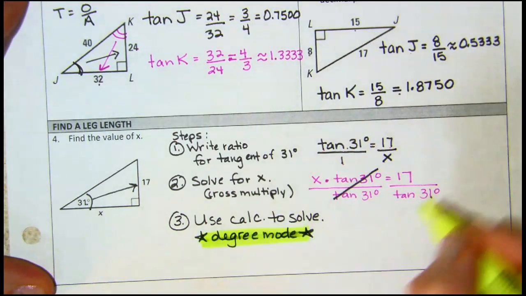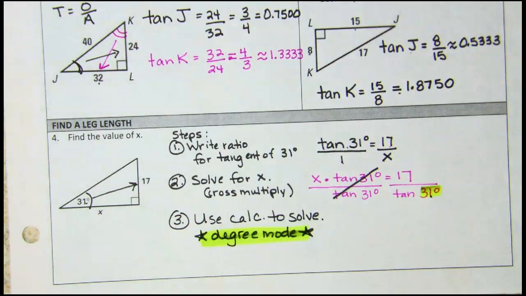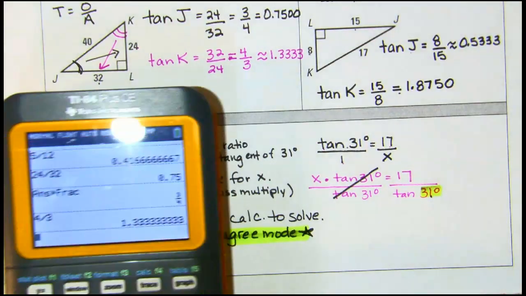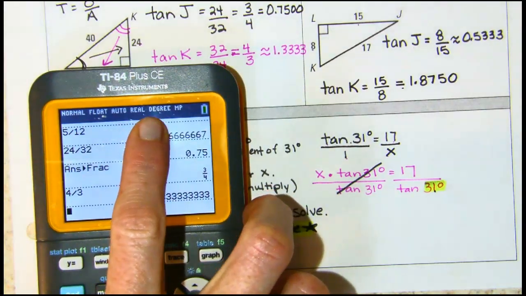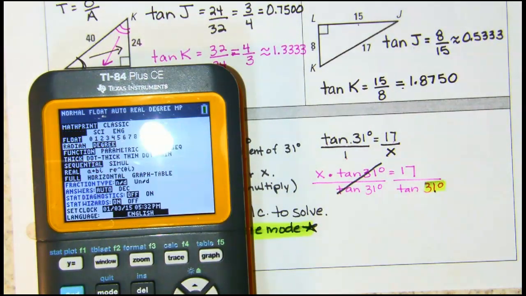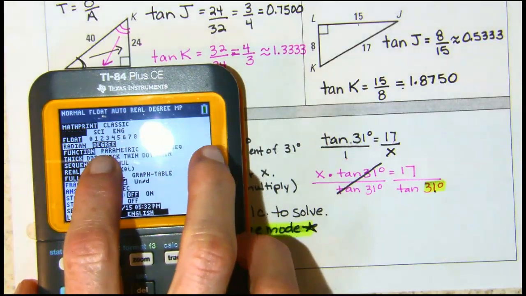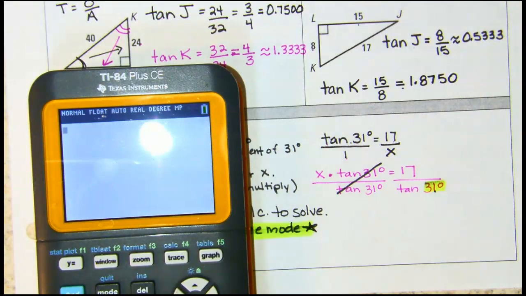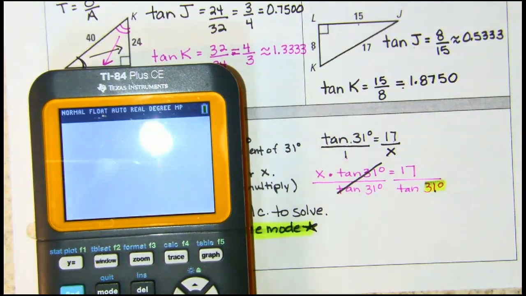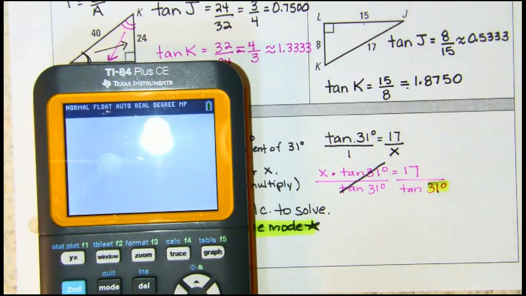You've got to be in degree mode because that is in degrees. So I'm going to get my calculator. You can see right there I am in degree mode, but I'm going to make sure you understand this is in degree mode. Now, you really need a good calculator to do this, so make sure you are having a calculator that will perform order of operations.